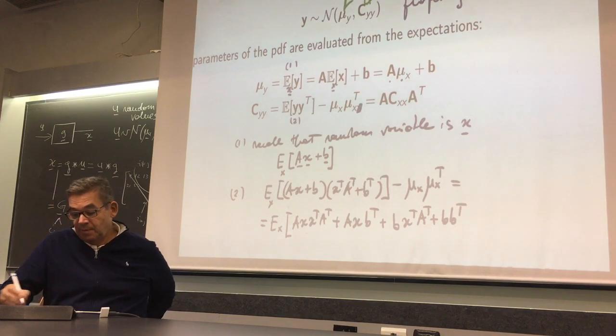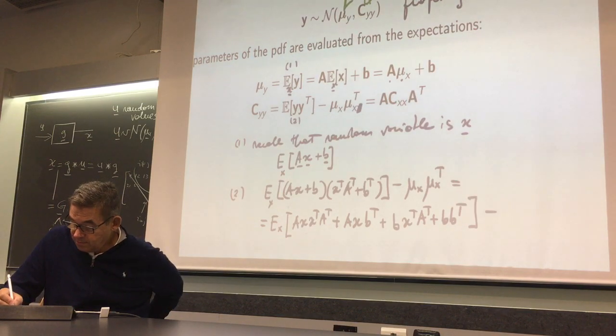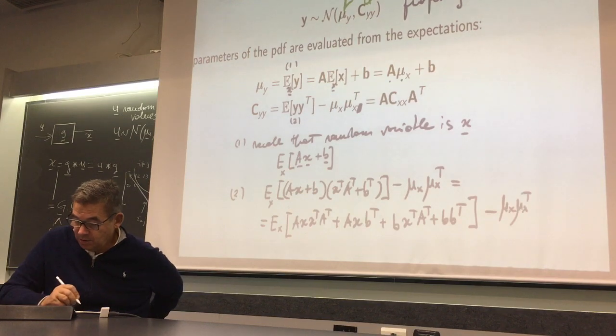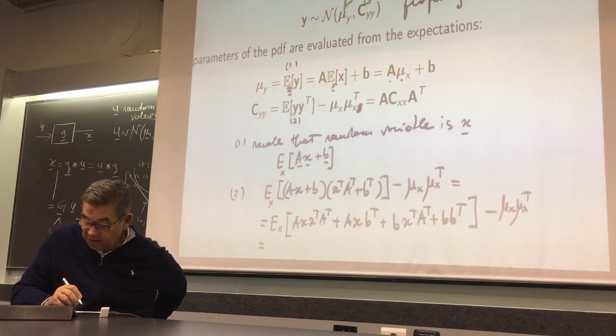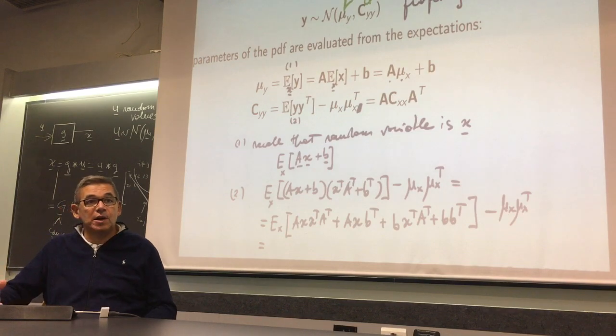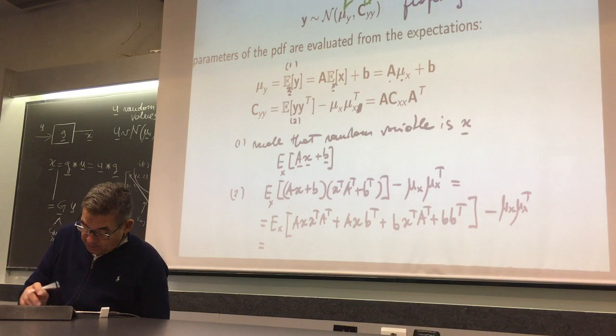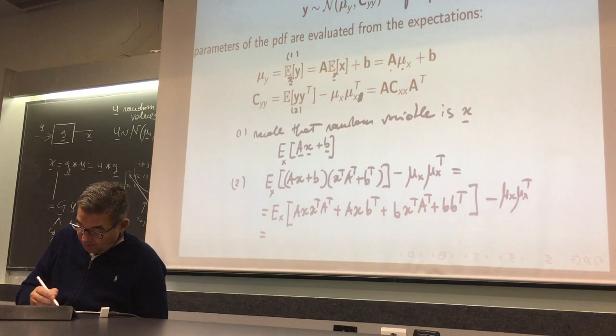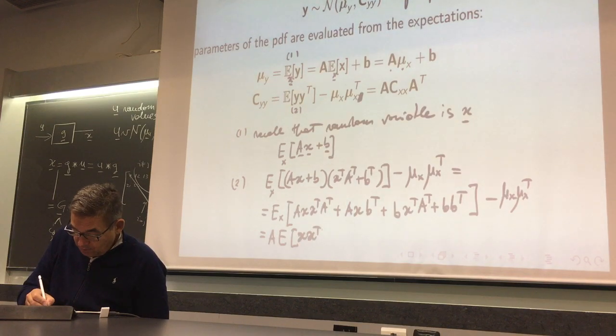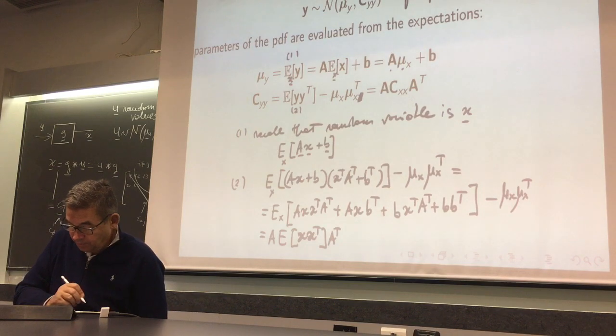Okay? Minus the mean terms, which is mu x transpose. Then I continue on that, and I apply the expectation where I need to compute it. So I have the expectation of A, then the expectation of x x transpose, A transpose.